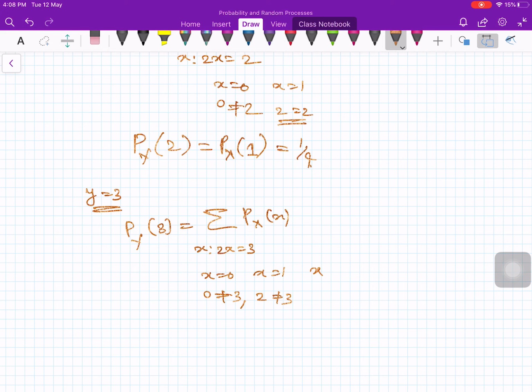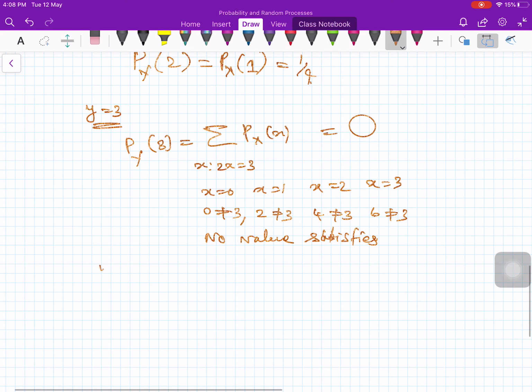Then x equal to 2, then 4 is not equal to 3. Then x equal to 3, 3 times 2 is 6, which is not equal to 3. Therefore no value satisfies this condition, so in this case again it is 0.